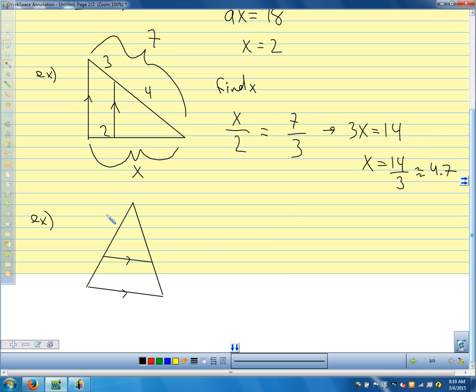But this time I'm going to do 4, 2, 6, and x. And I'm going to say, don't do this. Four over 2 equals 6 over x.